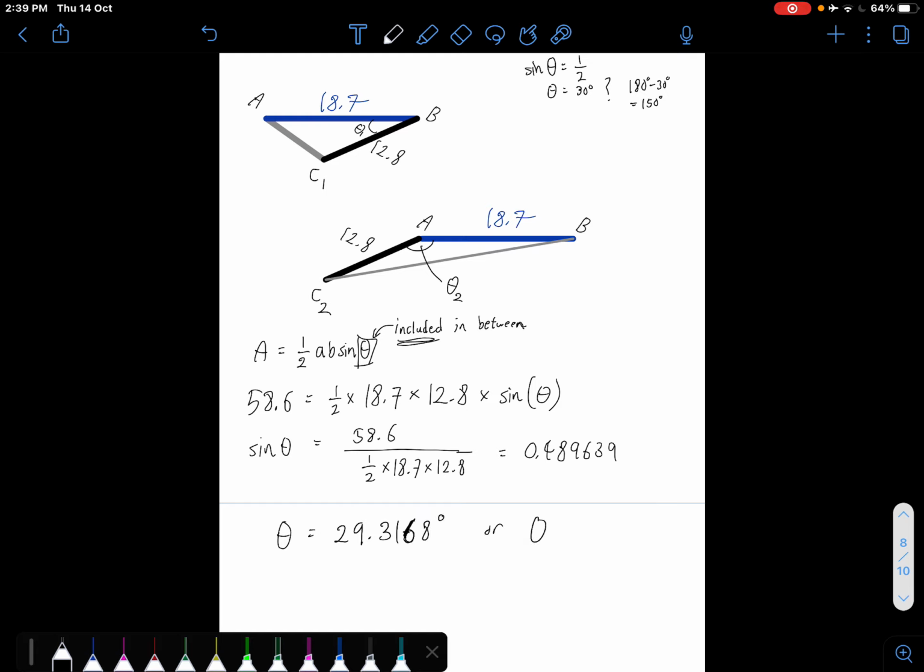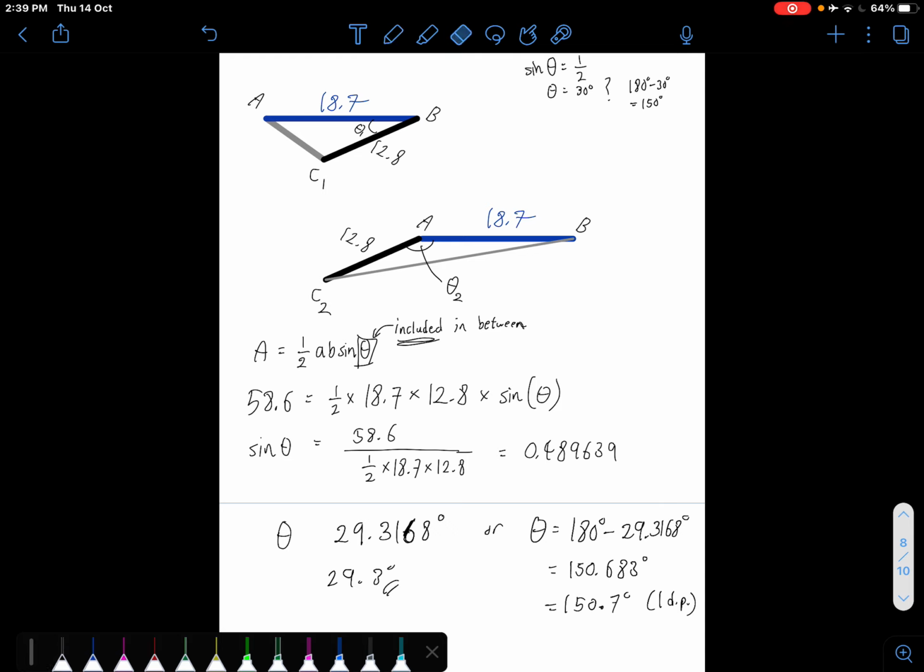Or the other angle will be, what would it be? 180 minus, because quadrant 2, right? Of course in E Math you just need to memorize this for the obtuse angles. Then you just take 180 minus and you get 150.683 degrees. Rounding off, you get 29.3 degrees to 1 dp, and 150.7 degrees to 1 dp.